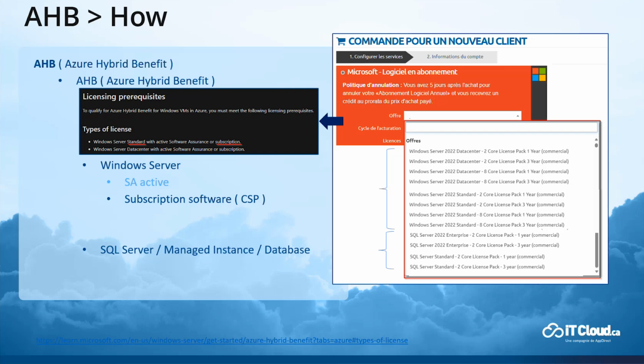So you save a lot of money about that. You don't need to engage the Datacenter edition. So just remember that this is a good thing to know. When we provision the license, it will be dropped into the Microsoft Admin Center of the customer under the billing, your products section of the portal.